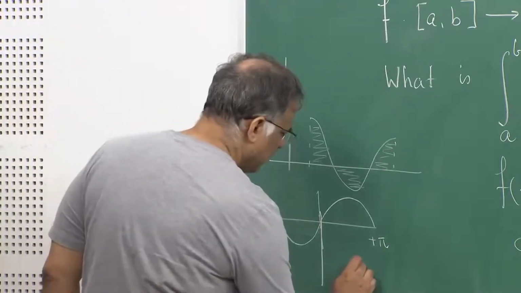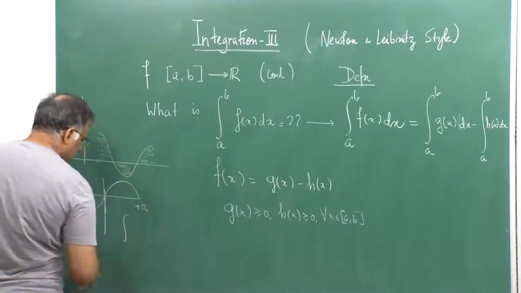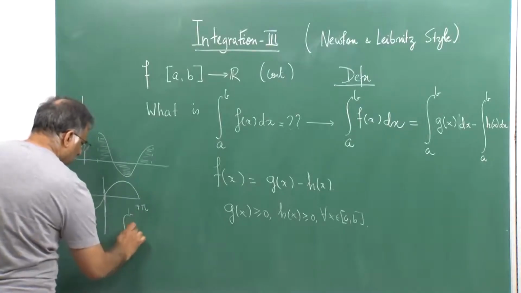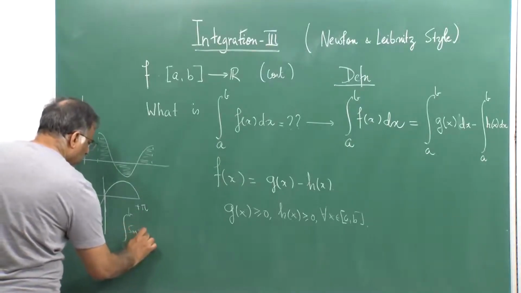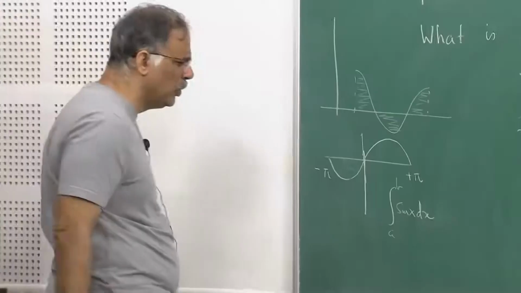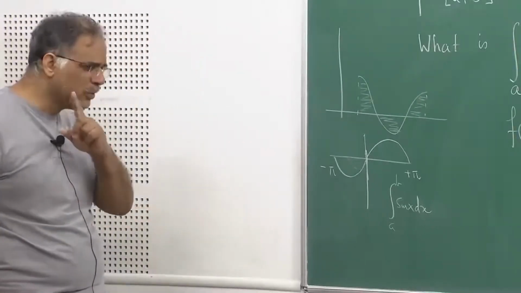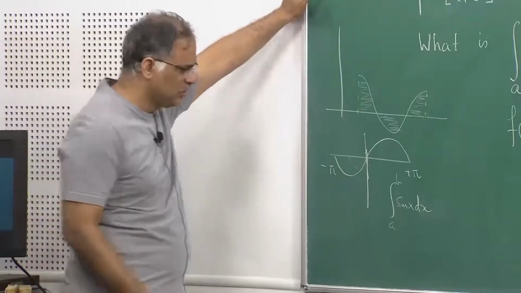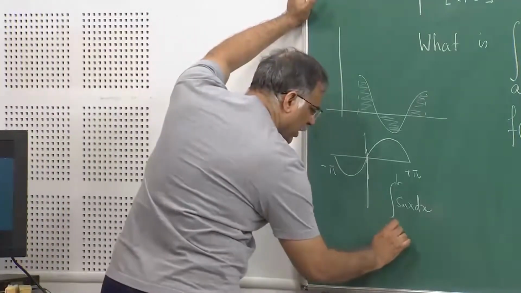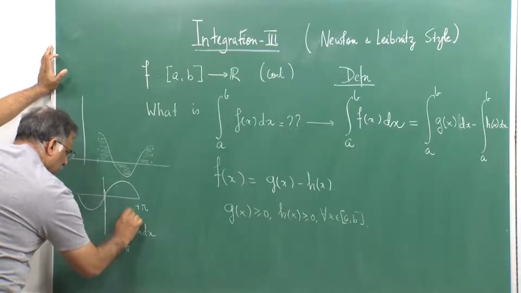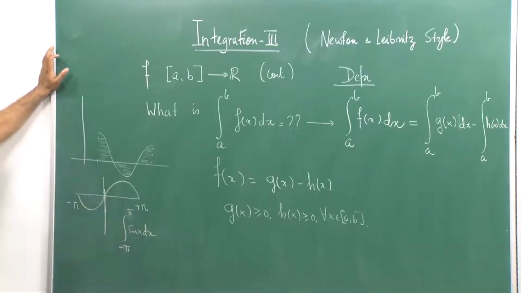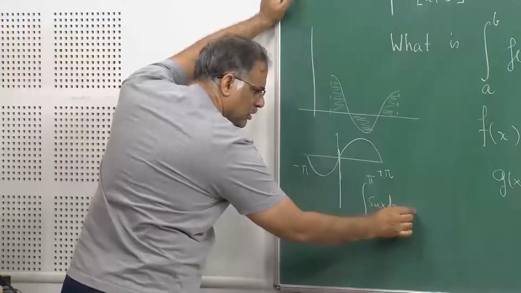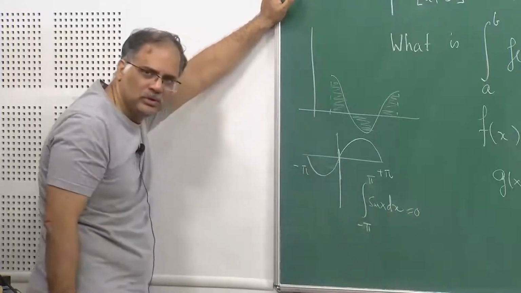If I integrate this, many of those who know calculus know the answer. If I put a as minus pi and b as plus pi, what would be the answer of this? The answer would be 0.